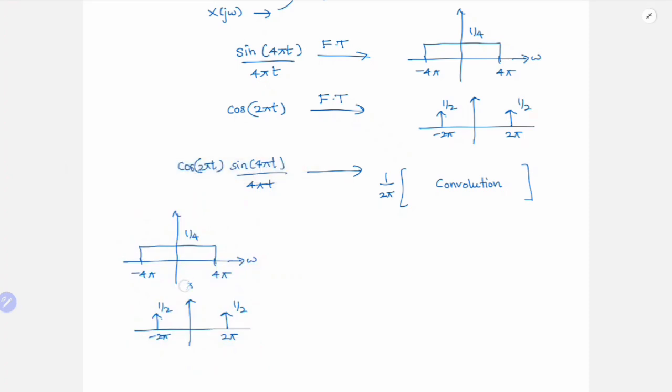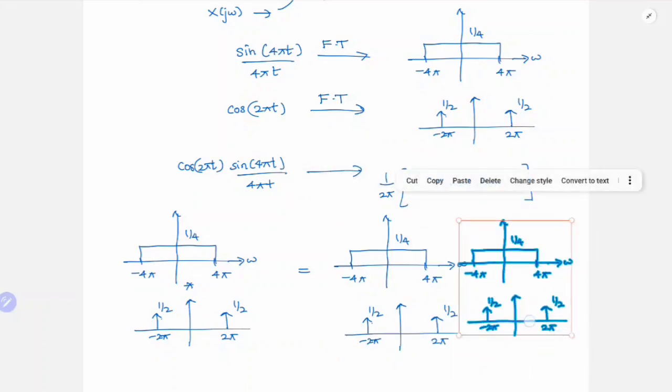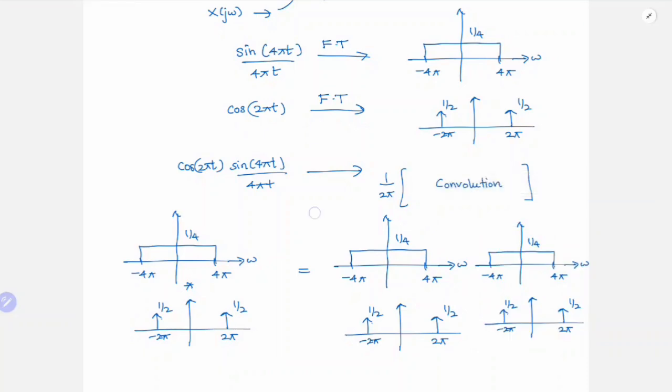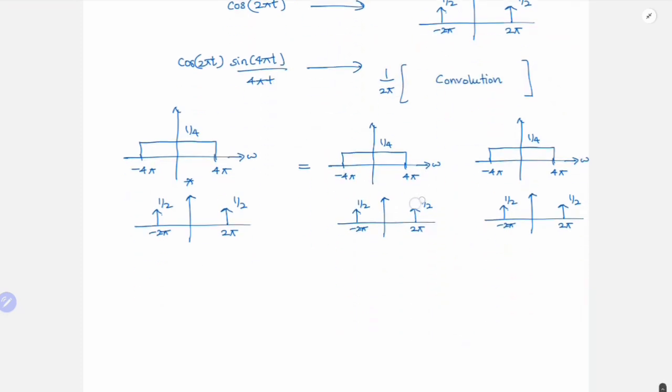So this convolution is equal to the convolution of this plus the convolution of this, right? Correct? Agree? Okay.